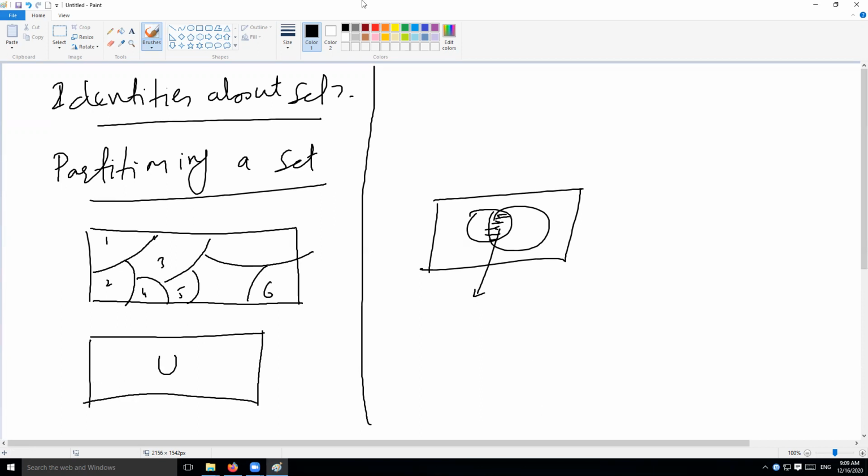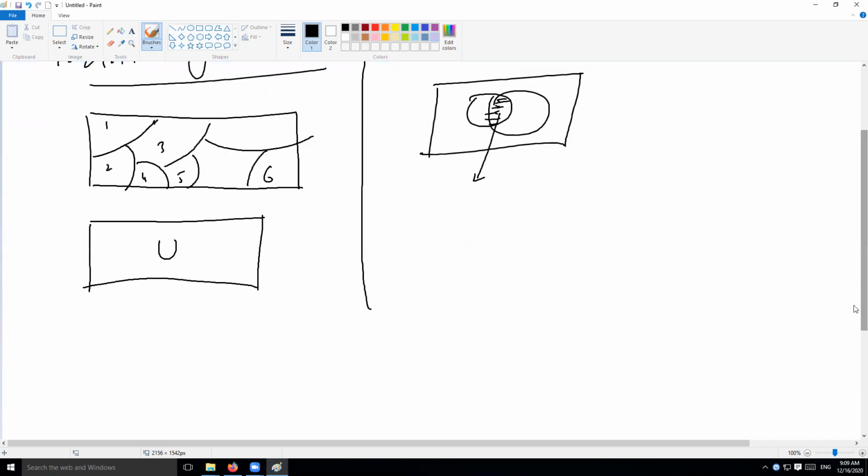What should be the meaning of partitioning a universal set? For example, if I draw a set here, A, can someone tell me how I have already partitioned the set?